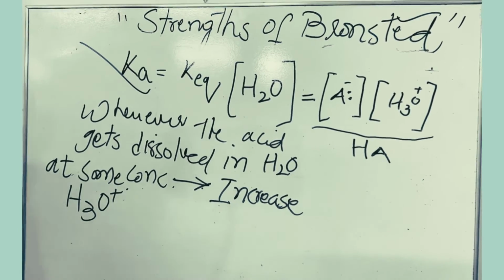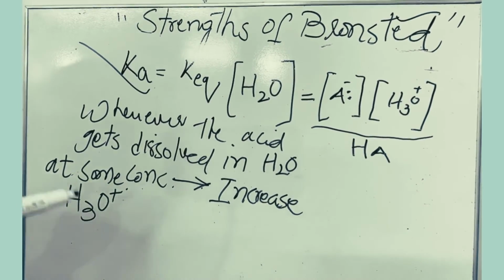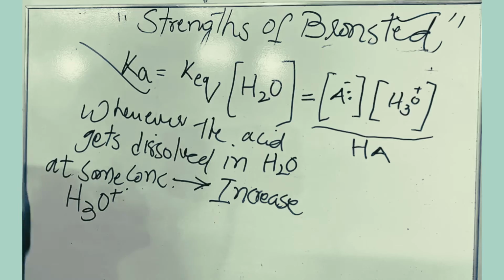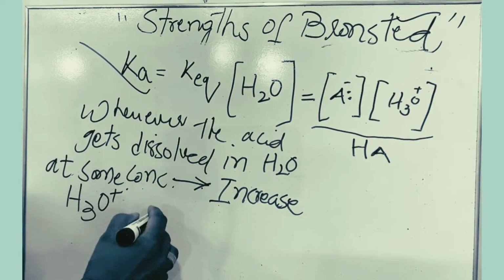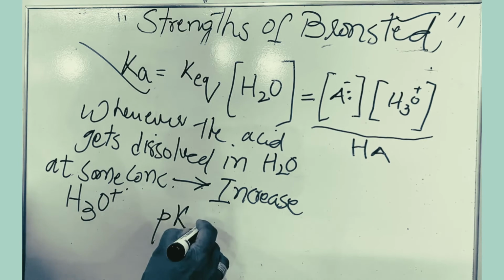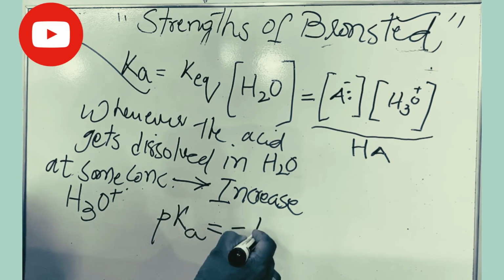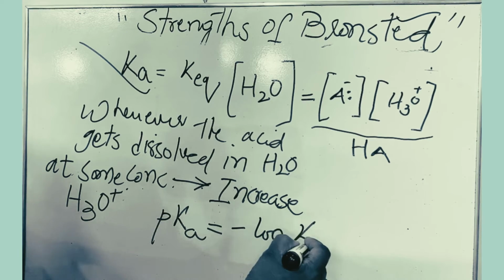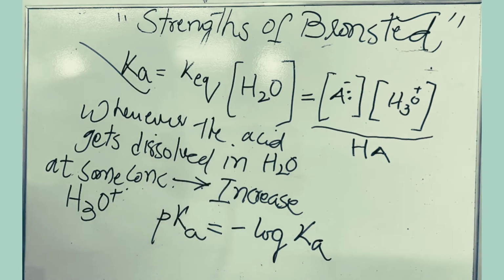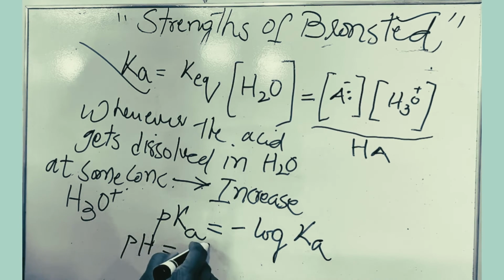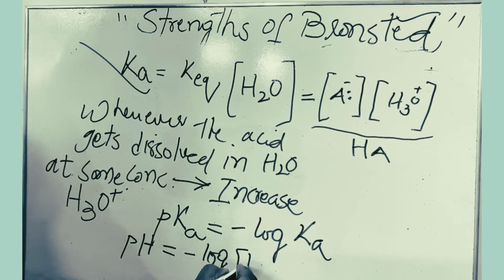So we can say that an acid's strength is measured by the magnitude of its dissociation constant. Now using p as a standard symbol for a negative logarithm, you will write it down like this: pKa equals minus log Ka, or simply pH equals minus log of the hydronium ion.